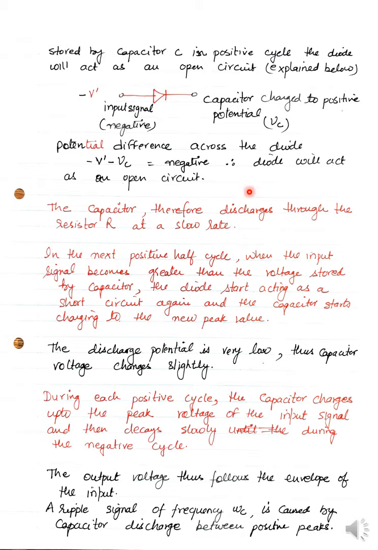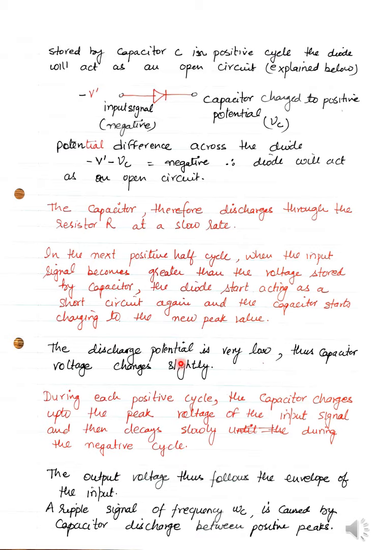The capacitor therefore discharges through the resistor R at a slow rate. Why a slow rate? It depends upon the values of R and C. In the next positive half cycle, when the input signal becomes greater than the voltage stored by the capacitor, the diode starts acting as a short circuit again, and the capacitor starts charging to the new peak value.